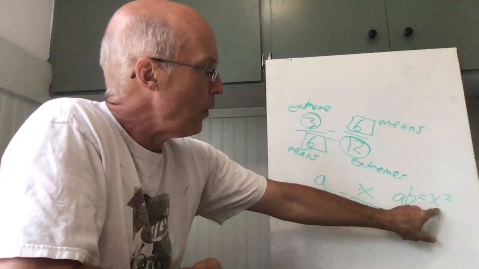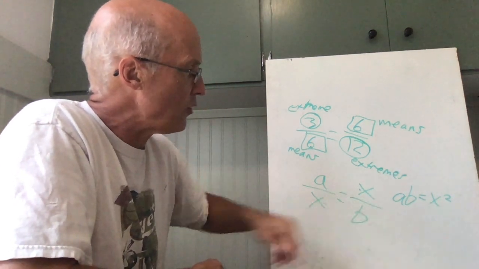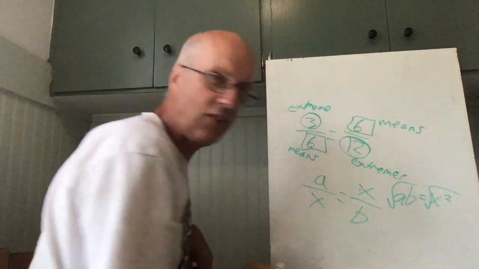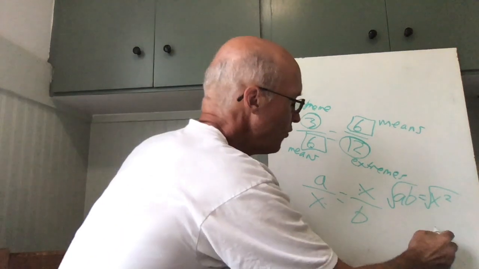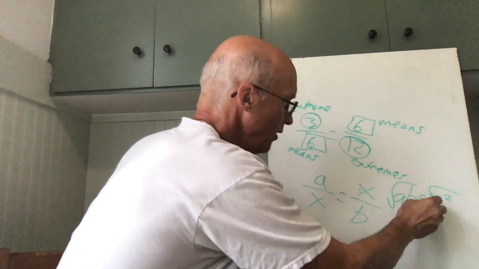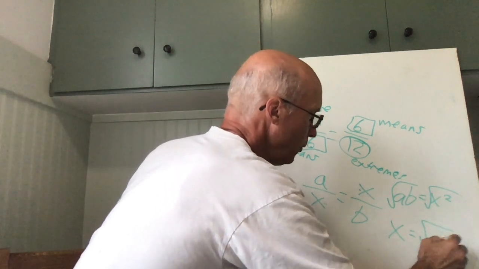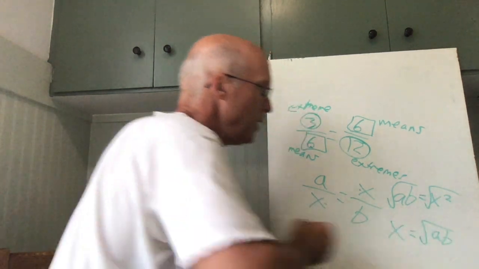If I want to find out what X is, in other words, what the geometric mean is, I have to take the square root of both sides. And so I end up with X, the square root of X squared, equals the square root of AB.